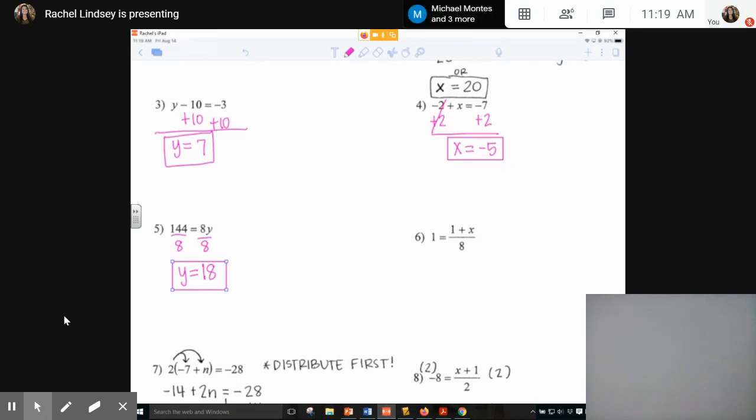Okay. Number 6 is a two-step equation. So be careful with that. So before we can do anything with this top part, what do I have to do to both sides? I've got to get rid of that 8 on the bottom before I can do anything. So I'm going to multiply.